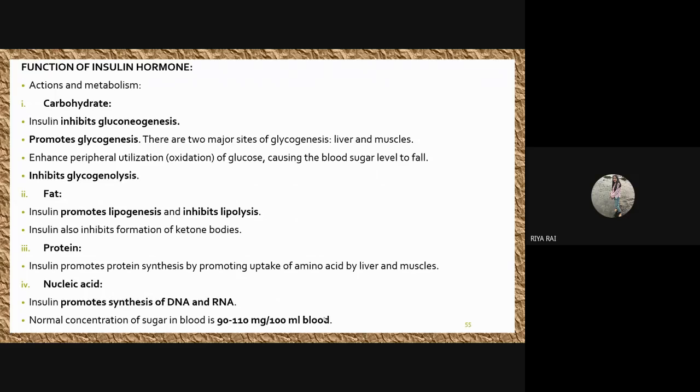It promotes protein synthesis by promoting the uptake of amino acids by liver and muscles. In nucleic acid, insulin promotes the synthesis of DNA and RNA. The normal concentration of sugar in the blood is 90 to 110 mg per 100 ml of blood.